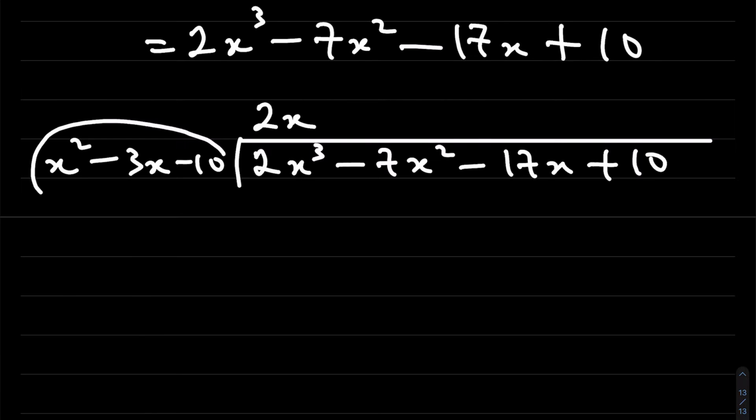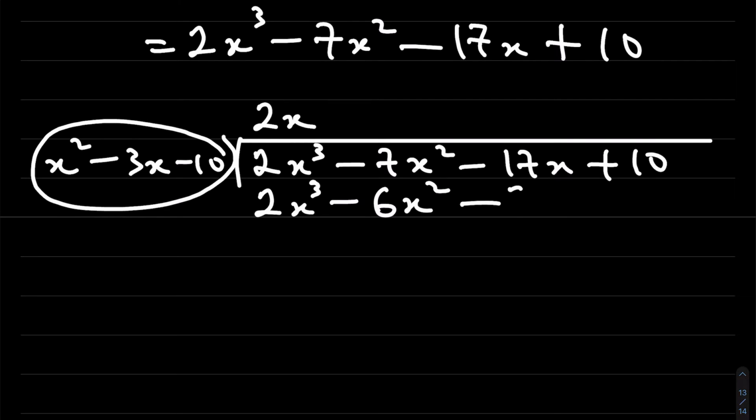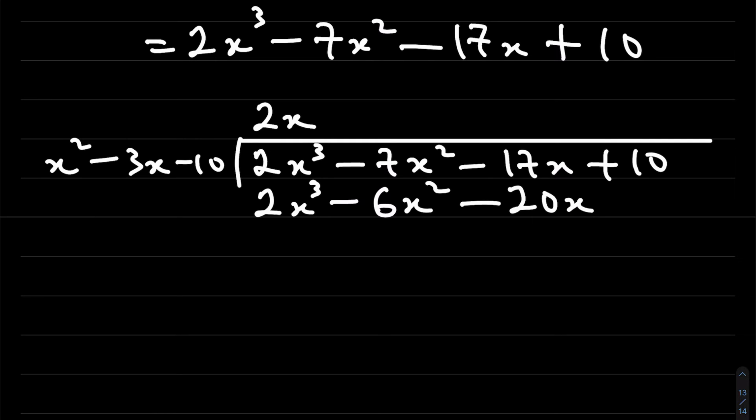Now I multiply the whole of this by 2x, and that gives me 2x cubed minus 6x squared minus 20x.